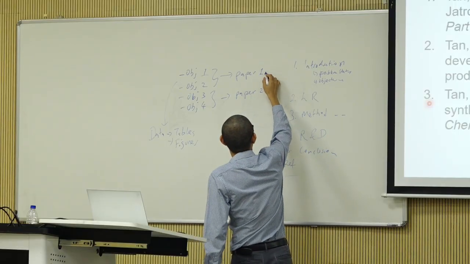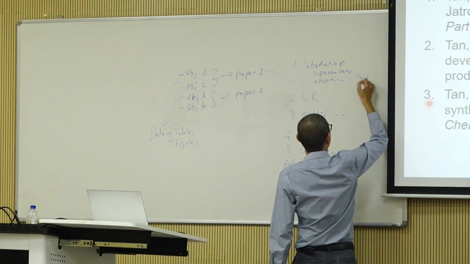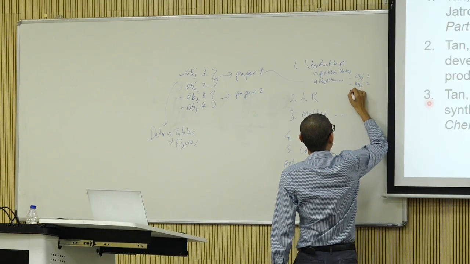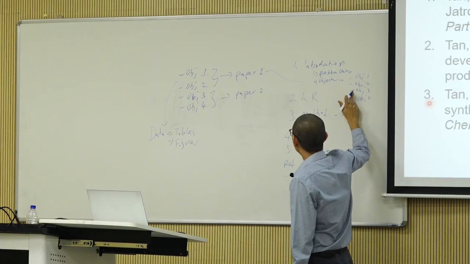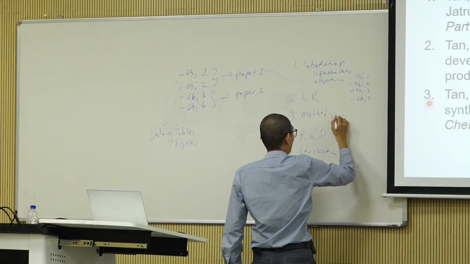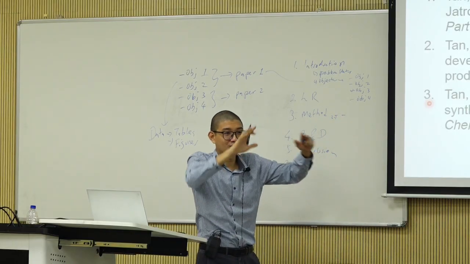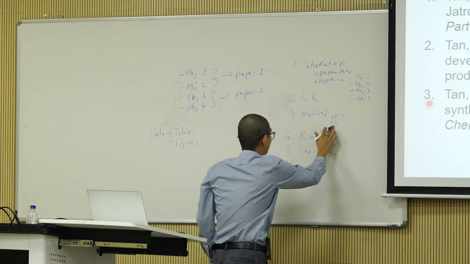Objectives from here, from paper 1. Four objectives from here. Then your methodology. Methodology section 3.1 is the overall; you need to connect everything overall. Then 3.2 is what?